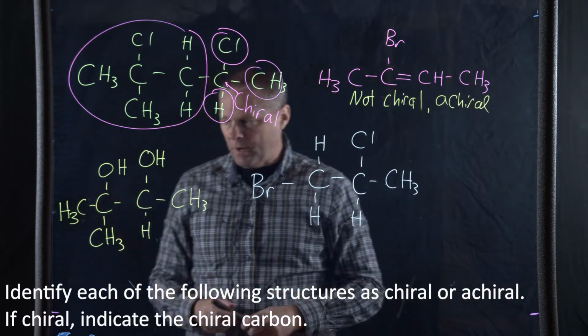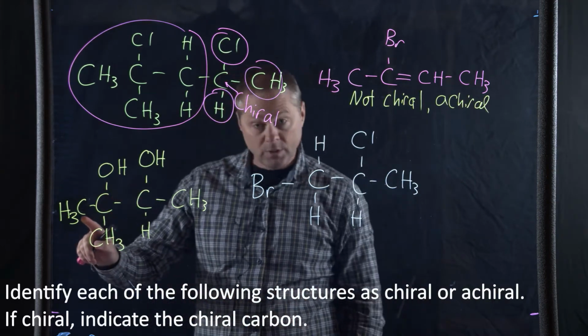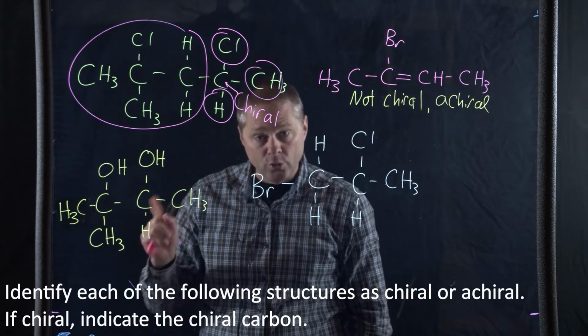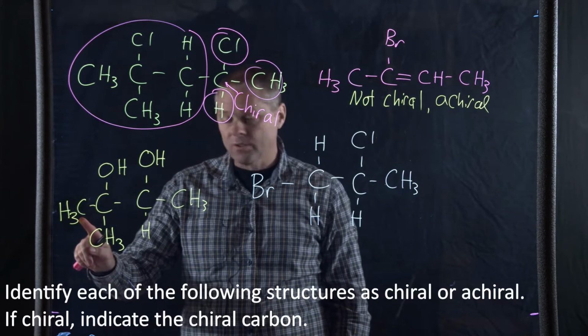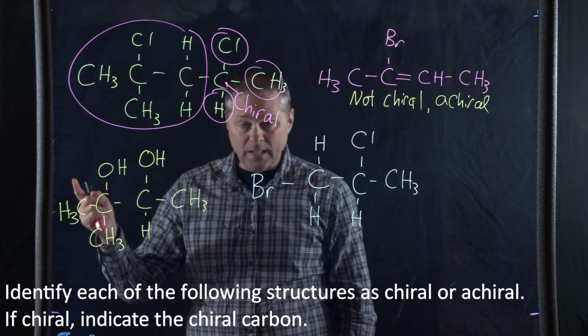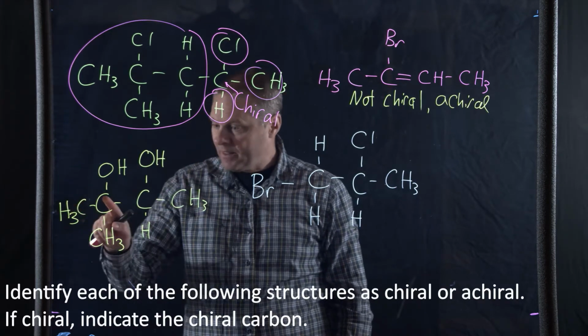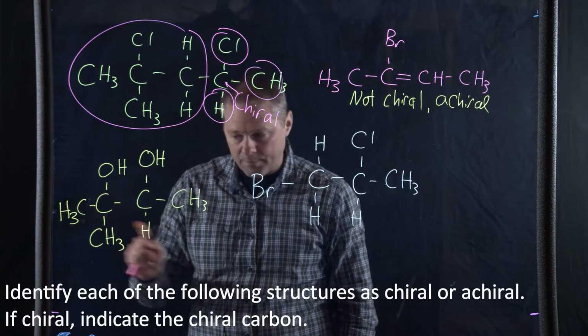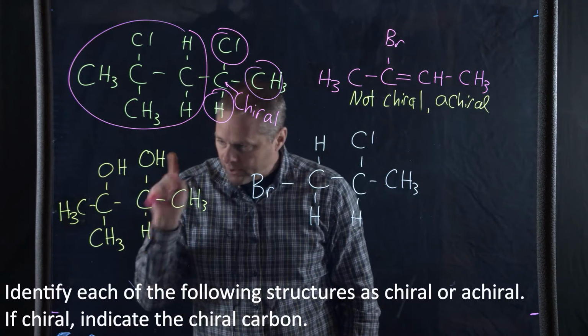Let's look down at this molecule here. So we look at this carbon here. Once again, you want to look at the carbons and count how many different groups are bonded to that carbon. So this carbon has 3 hydrogens. That's not 4 different groups. Okay. This carbon happens to have 2 methyl groups, so it cannot be chiral. We go to this carbon.